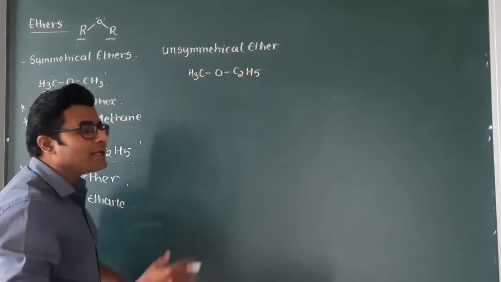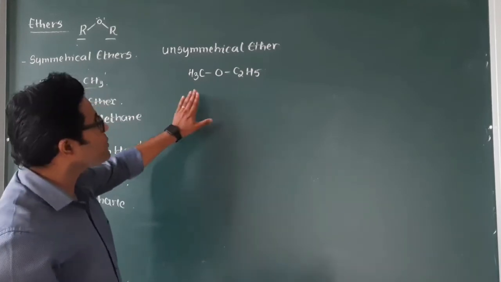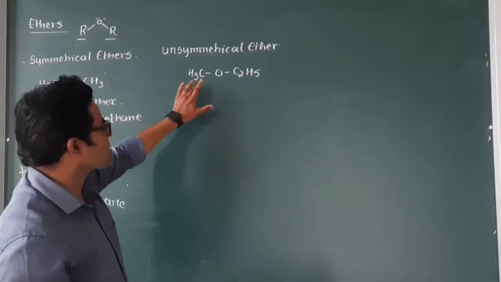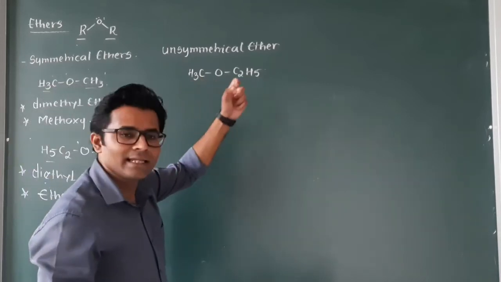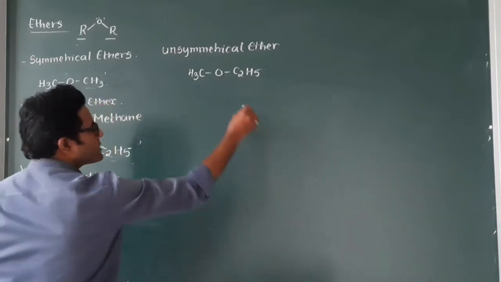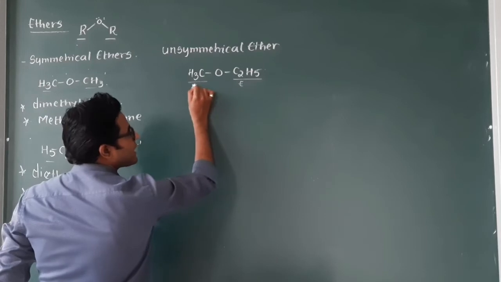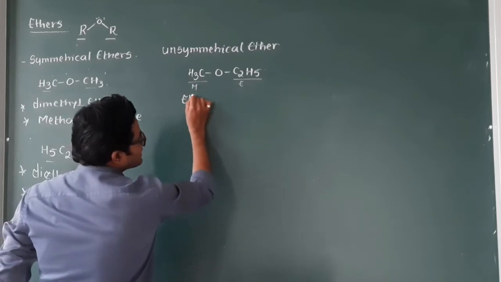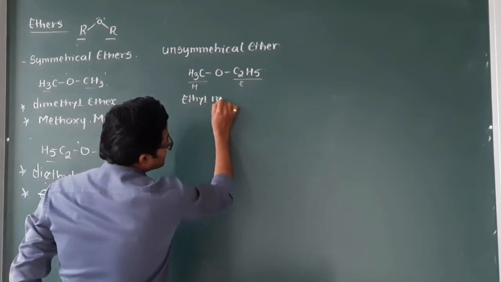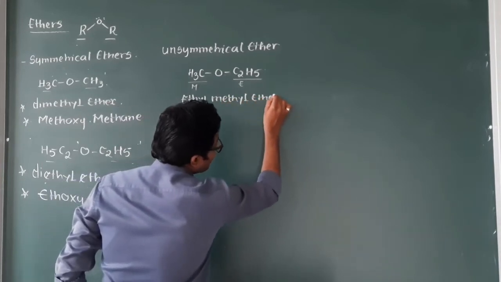Now, when we try to name it with common nomenclature, we need to go alphabetically. This is methyl, this is ethyl. Ethyl starts with E, methyl starts with M. So it goes as ethyl methyl ether. This becomes the common name.